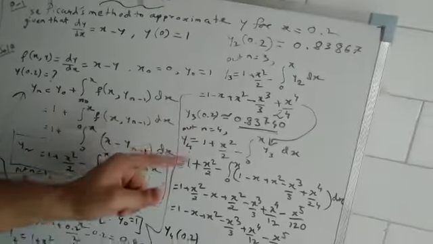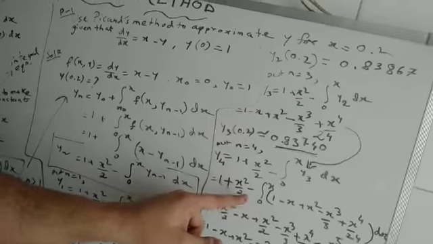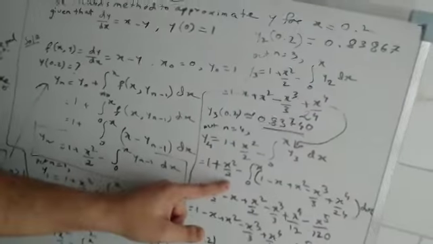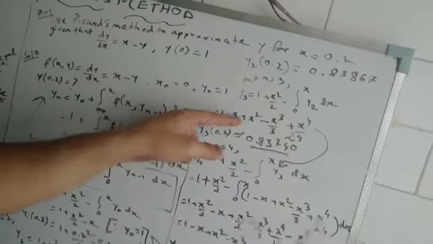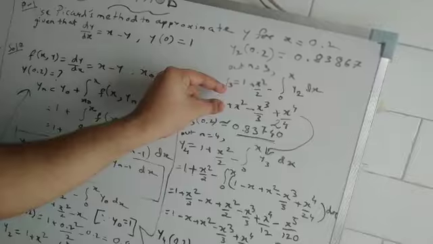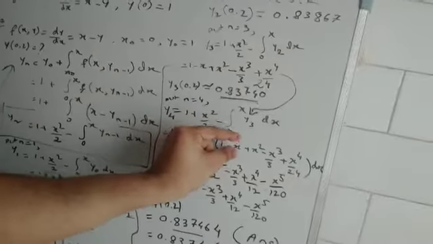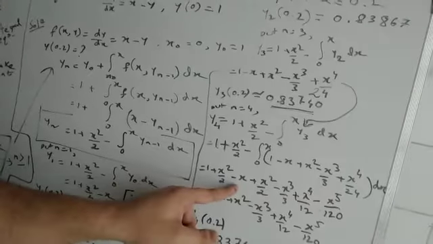Okay, now put n equal to 4 and repeat the process. So you will get 1 plus x squared by 2 minus, instead of x3 you will get this, you just need to put this one. This is the general value equation for y3. So plug this y3 value here, dx, and if you solve it, you will get 1 plus x square by 2 minus x.